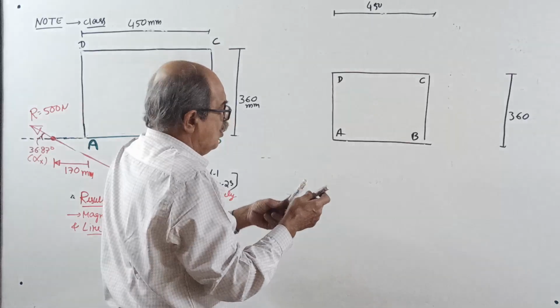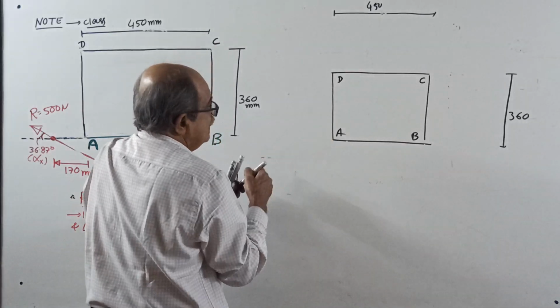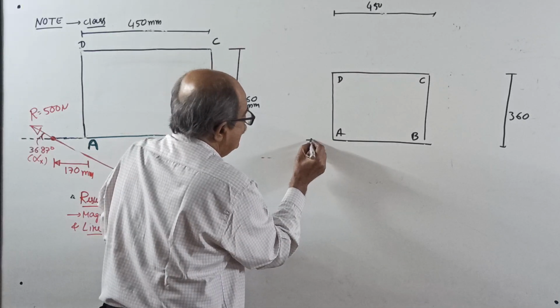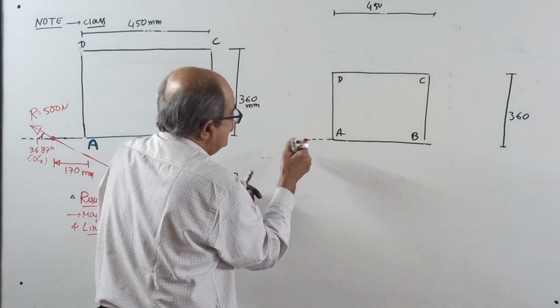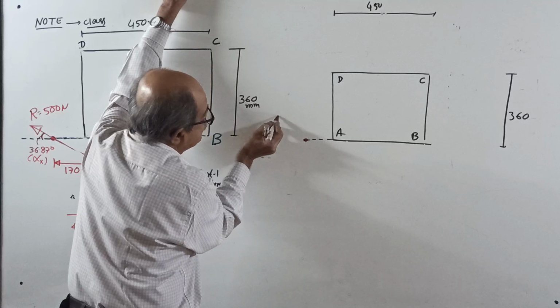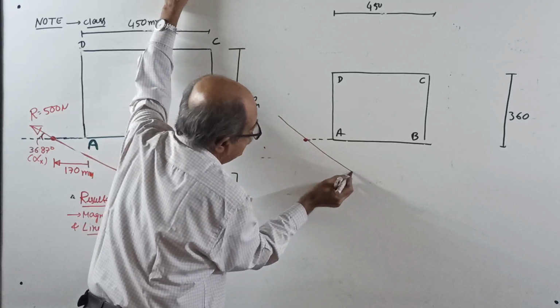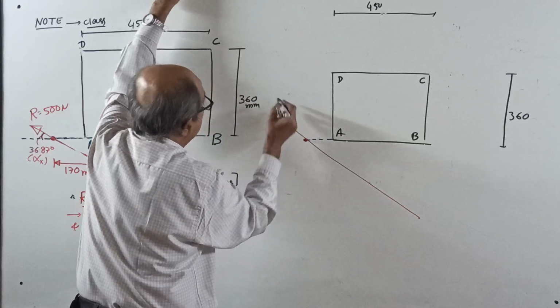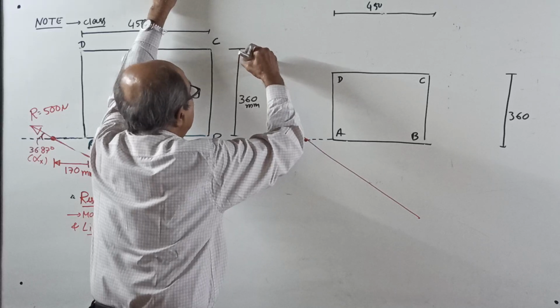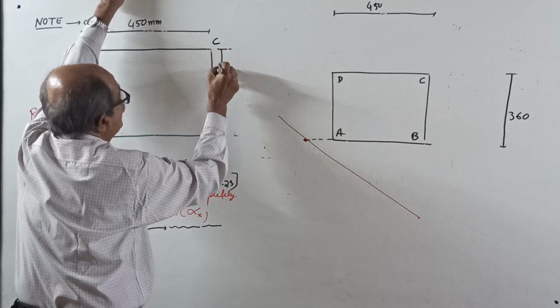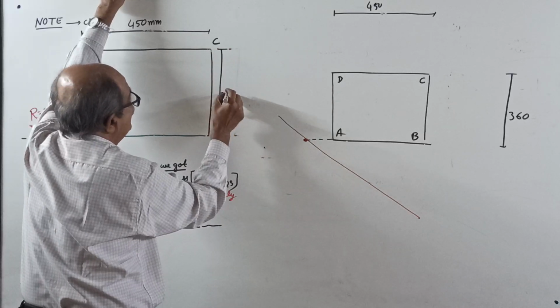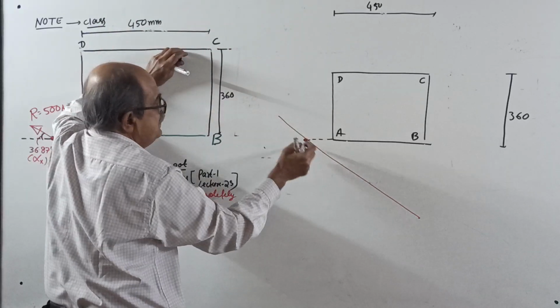We already know from last time that the resultant passes through a point here. See, this way the resultant passes. You can extend it anywhere. Now this is the resultant.